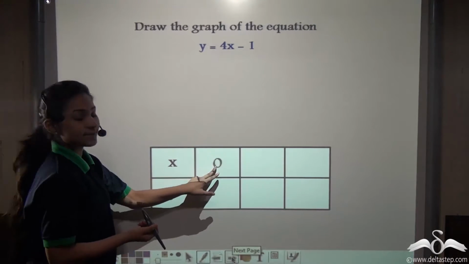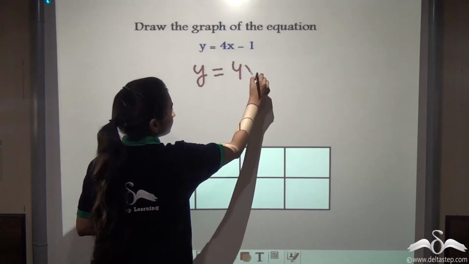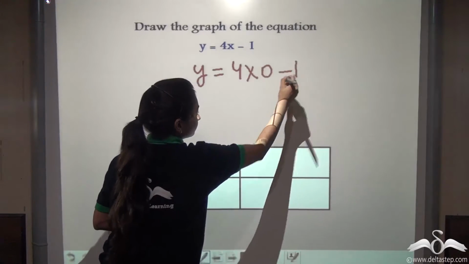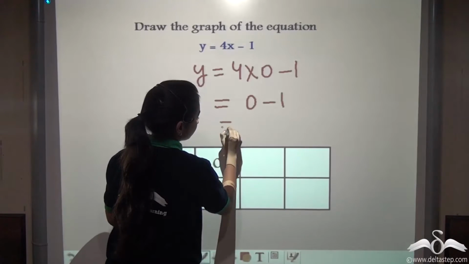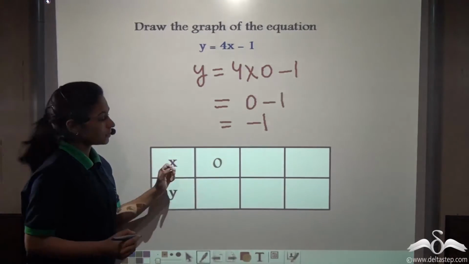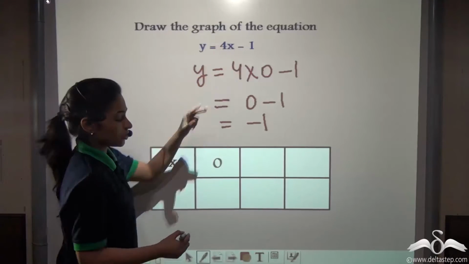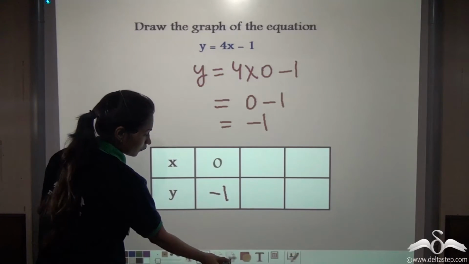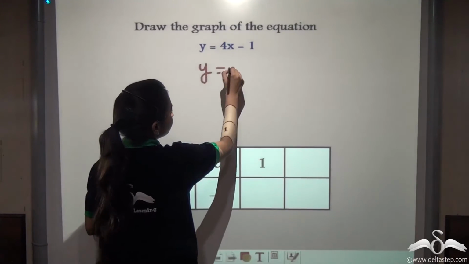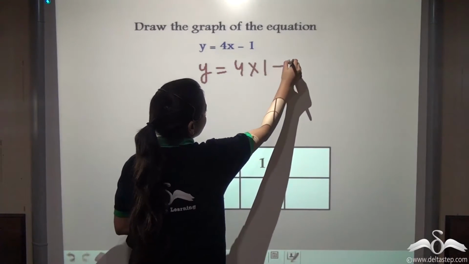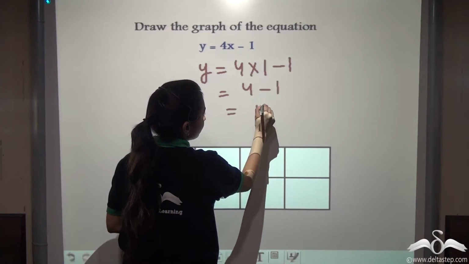Let's substitute x as 0 and see what we get for y. So when x is 0, y will be -1 for this equation. Let's take 1 in place of x. 4 into 1 is 4, minus 1 gives us 3.